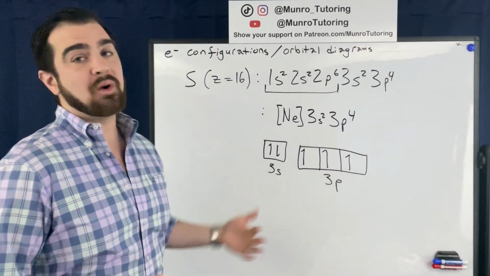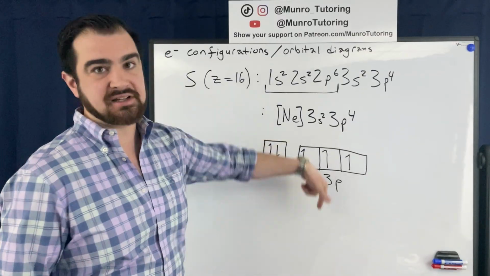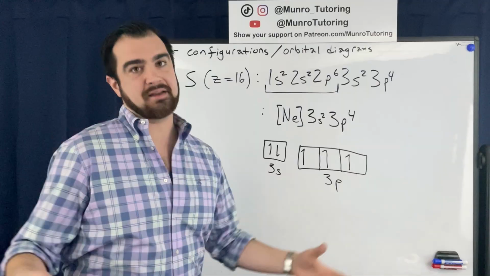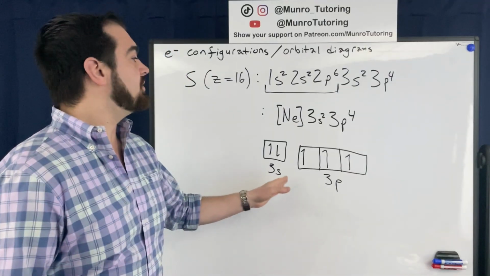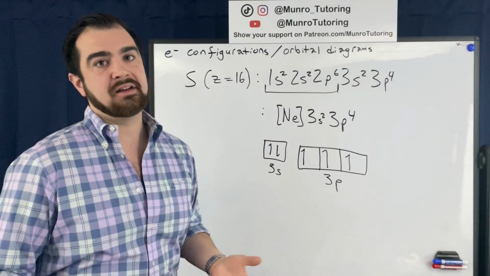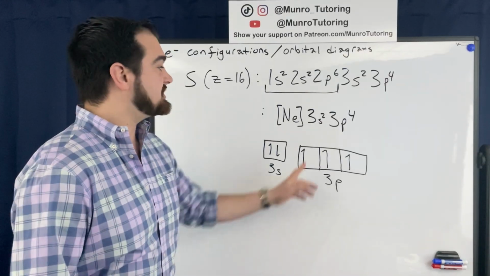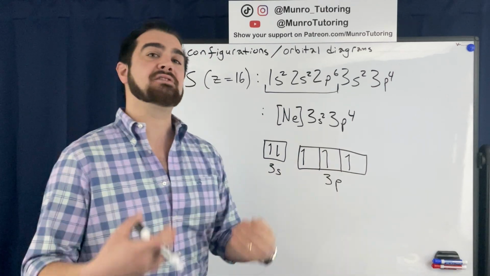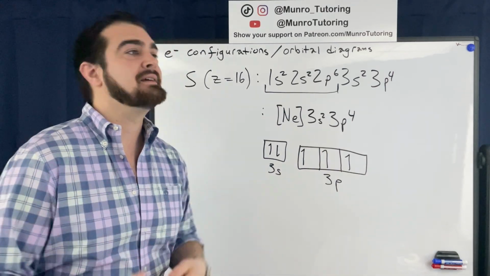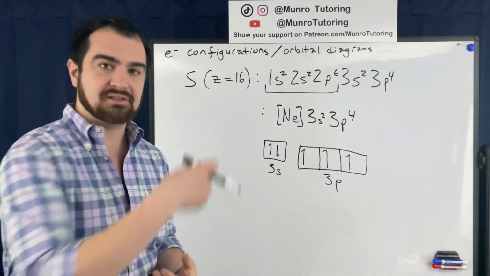And you want them all spinning in the same direction. So I'm not going to change one of these arrows to face down. That would violate some rules here. So they're all going to face the same direction, but we have a 4th electron. So we have to double up somewhere. And it doesn't really matter. You could just double up in any of these as long as it has the opposite spin. But in convention, we're typically just going to go back to the first box and stick it in there.